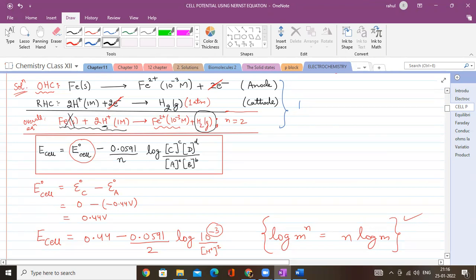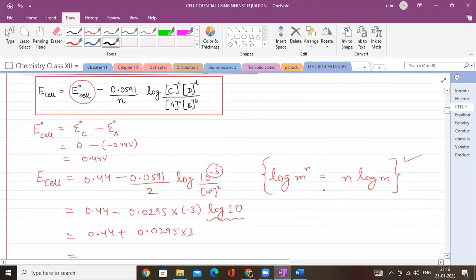The most important thing is that H+ will be raised to the power 2, although the value of H+ is 1 molar so it will not make any difference, but still I have written it here. Now this is 0.0295.